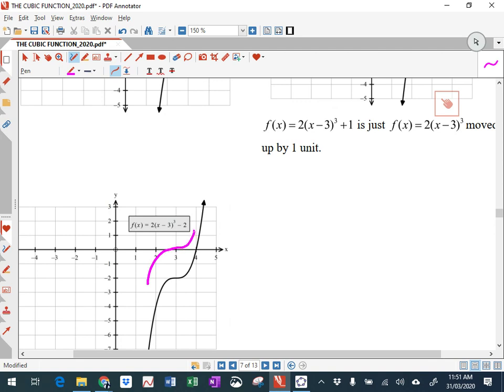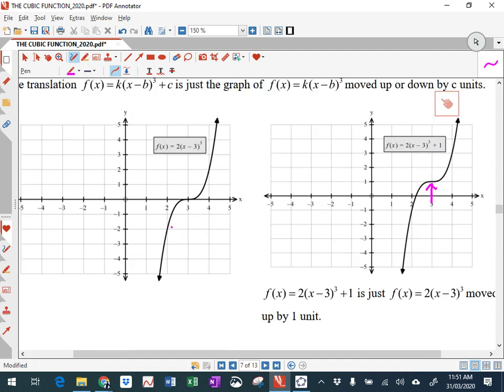Okay, that pink function was the original function, and that's just been moved down by 2 units because of that negative 2 there. So the term on the end tells you up or down. If that term on the end is positive, it's going to go up, and if it's negative, it's going to go down.